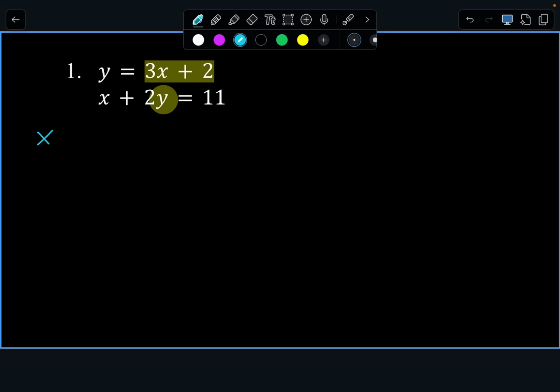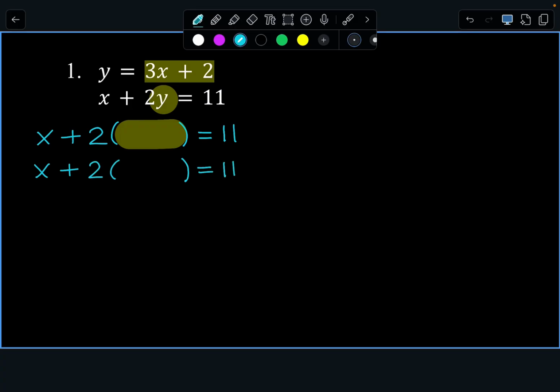So we have x plus 2, and in place of y, all I did was put those parentheses, and in this place we are going to put our 3x plus 2 in that spot.